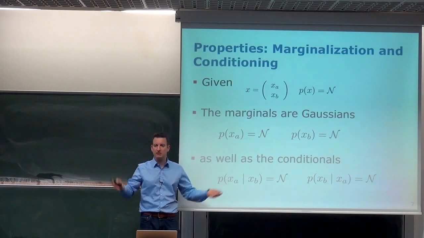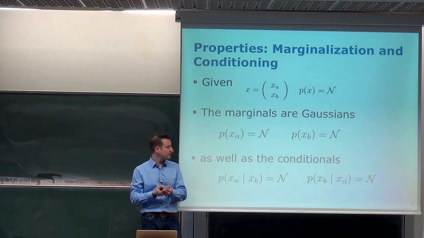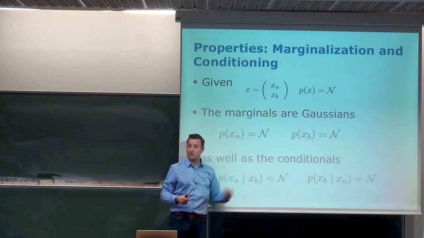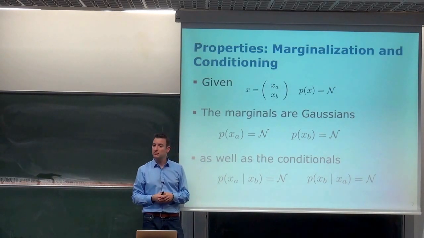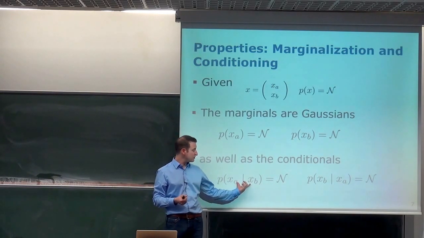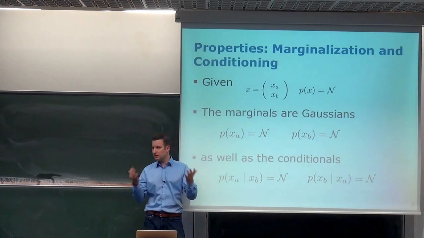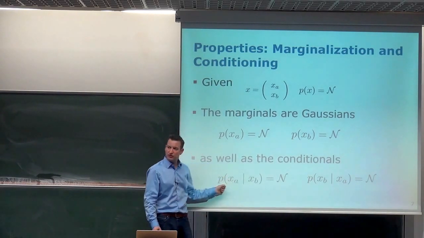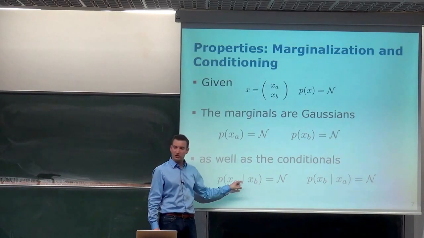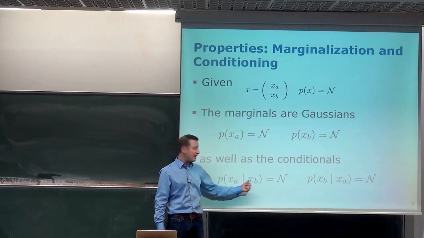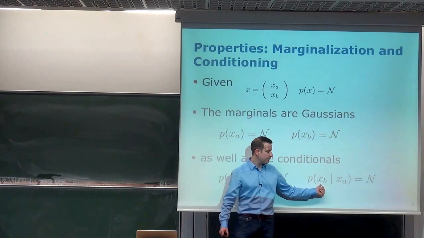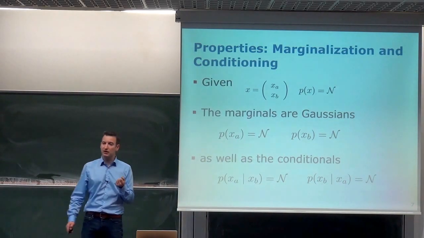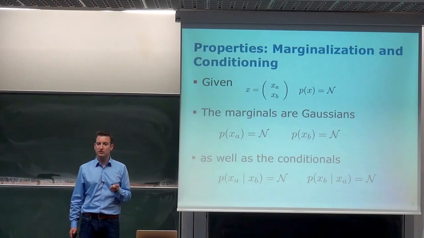Maybe, maybe not, depending on whether these parts are independent or not, the Gaussian distribution may look different. Right? If they were independent of each other, it would be the same as the marginal, but often they're not independent of each other. The important thing is this is a Gaussian distribution as well. And it doesn't matter in which order they are. It holds for P of XA given XB or P of XB given XA. So these are also conditional distributions. Okay?